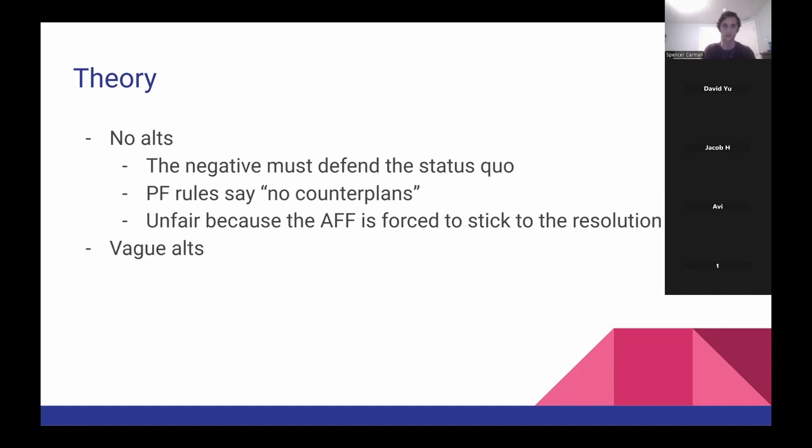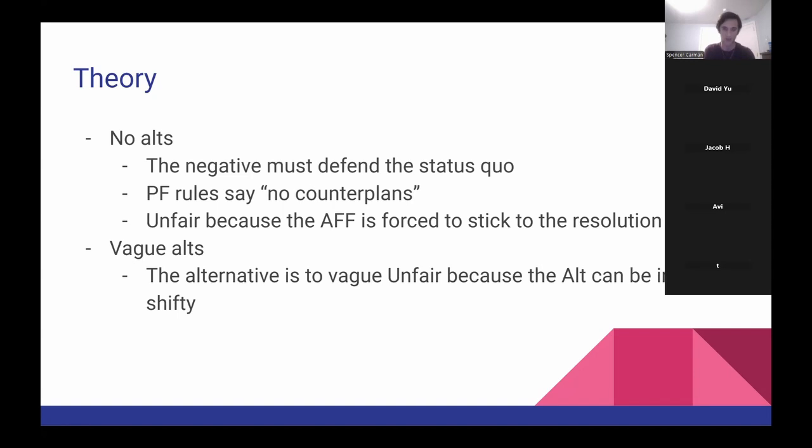Vague alt is another one. It says that the alternative is too vague, which is unfair because the alternative can be infinitely shifty.